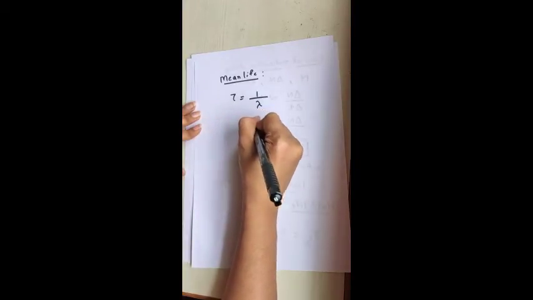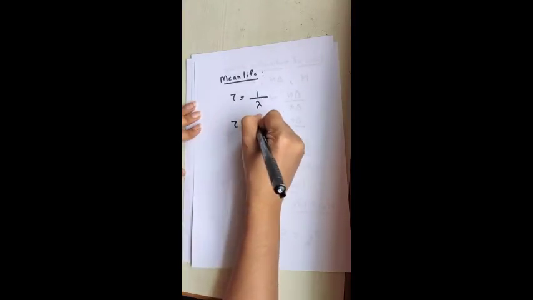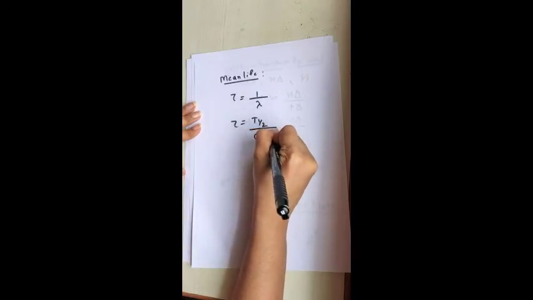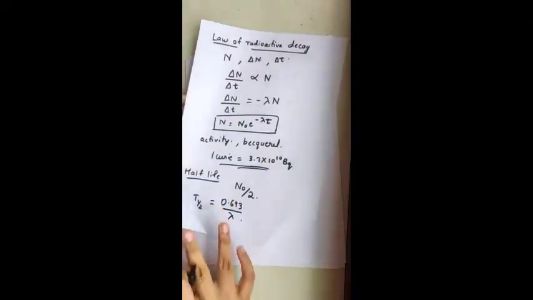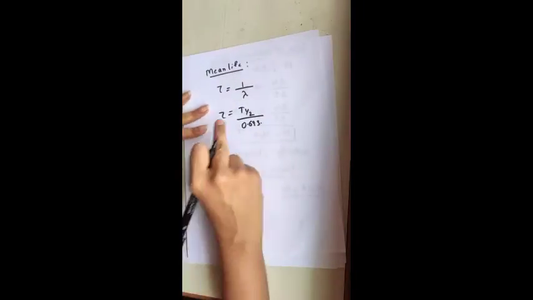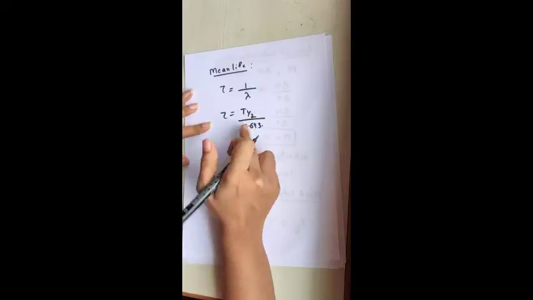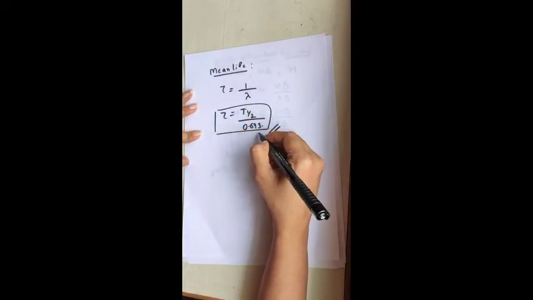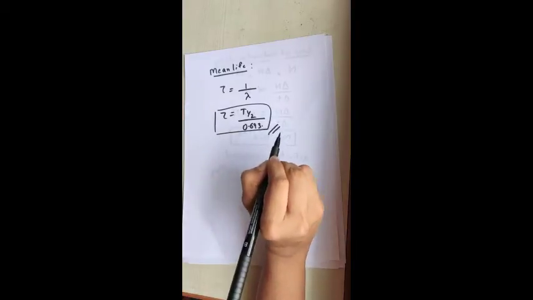Or I can say tau equals T half divided by 0.693, considering the relation between T half and lambda. If I want to relate the mean life and half-life, this is the expression: tau equals T half divided by 0.693. A very important relation to be remembered.